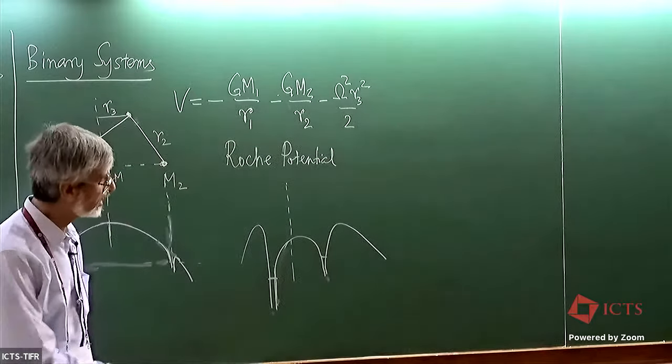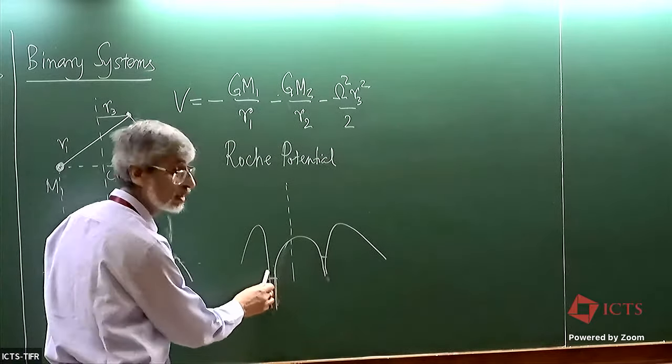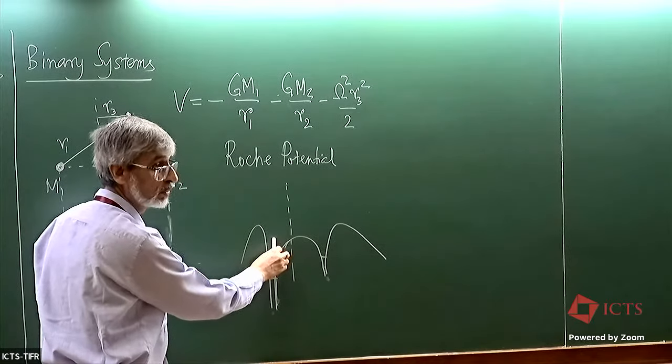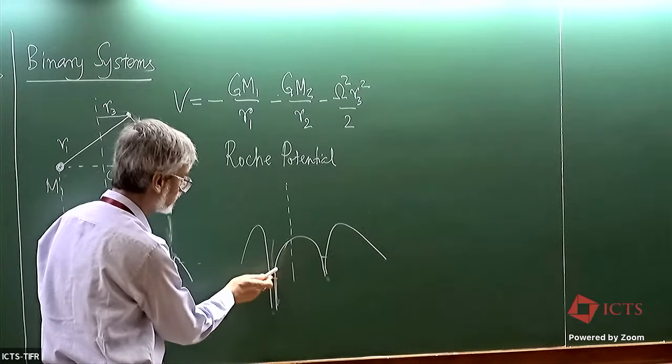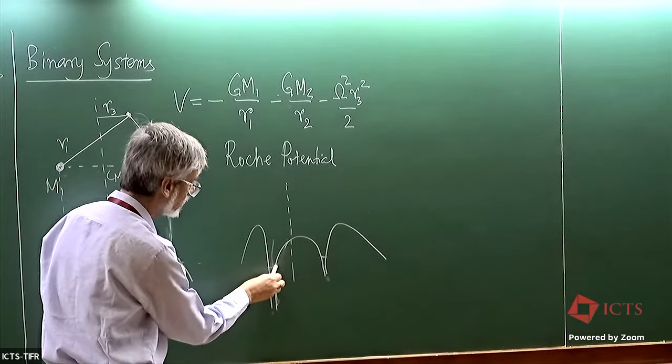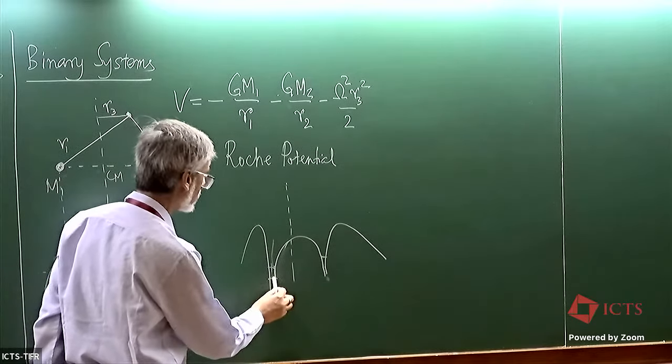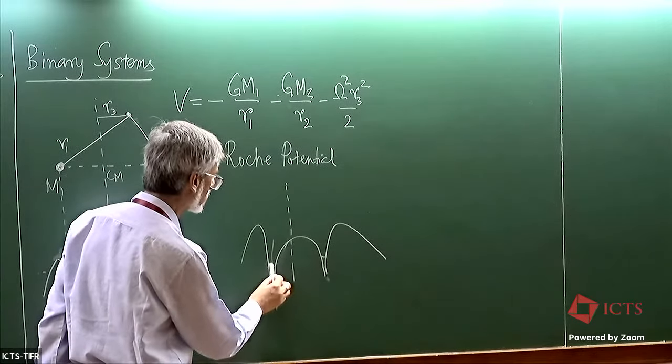As evolution proceeds, the star is going to expand. So that means it is going to go up in this potential well, because half of this is the radius of the star. As it expands, it rises here.